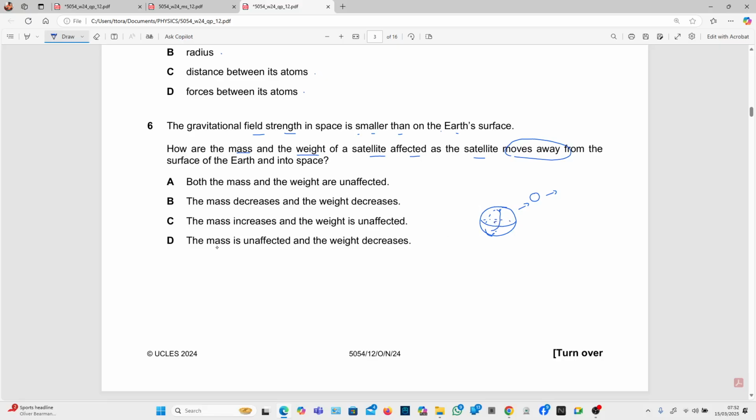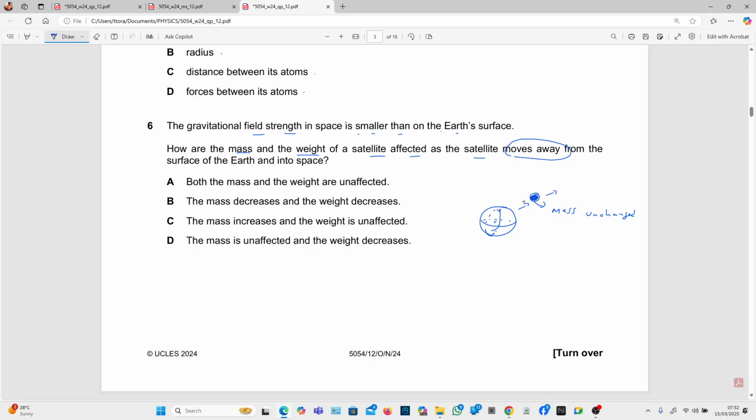So let's say that this satellite here has a mass. The mass is not going to change, because the mass is the amount of inertia in that body, so mass isn't changed. But what happens to the weight?